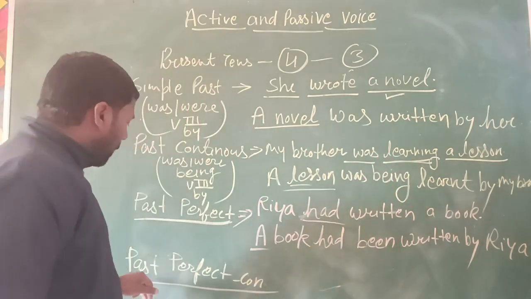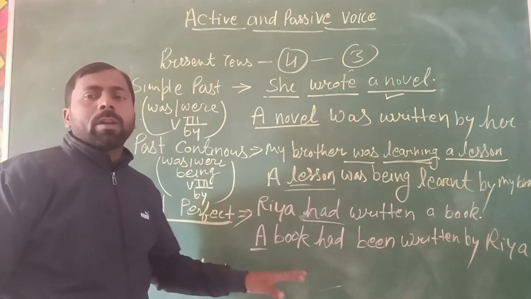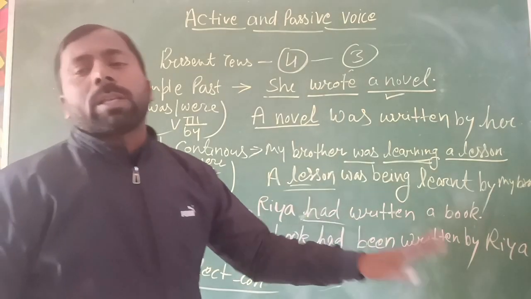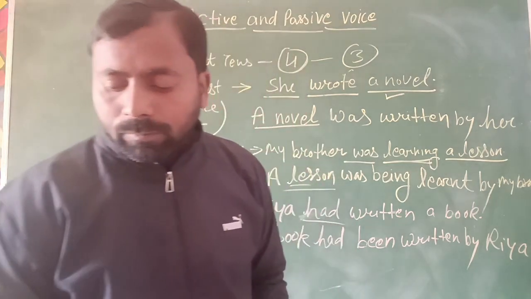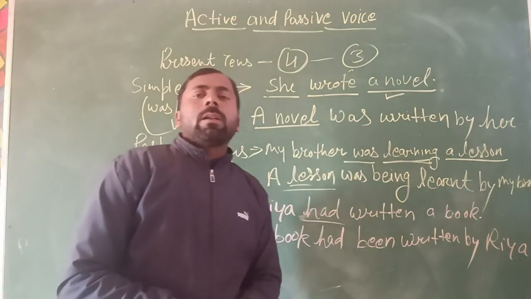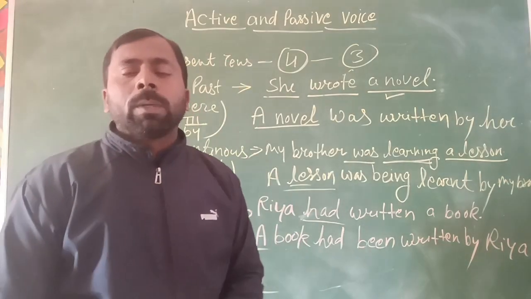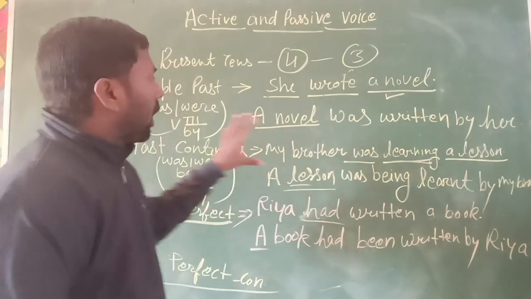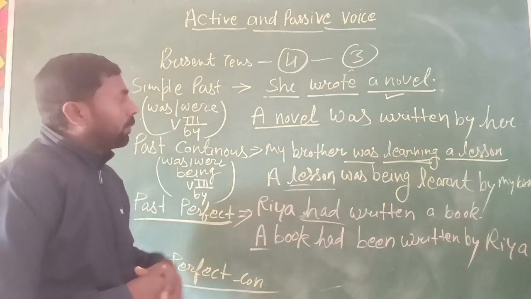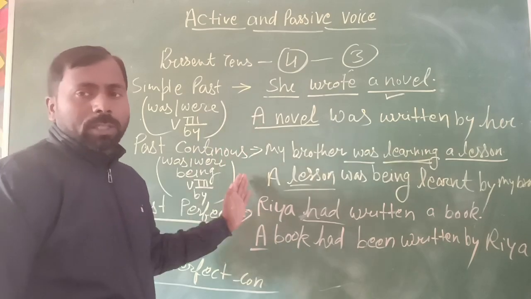The second one is past perfect continuous tense, which we cannot change into the passive voice either. It's clear? So I hope you all learned how to change active voice into passive voice of present tense and past tense. Okay, I explained all the structures of active voice and passive voice.